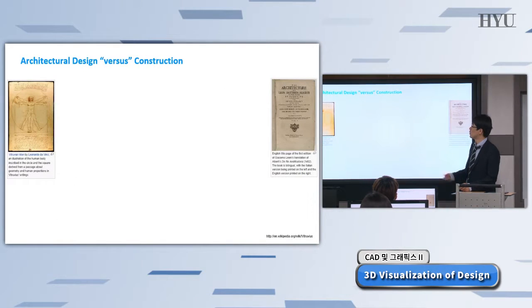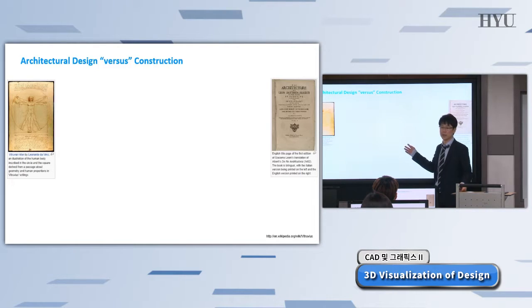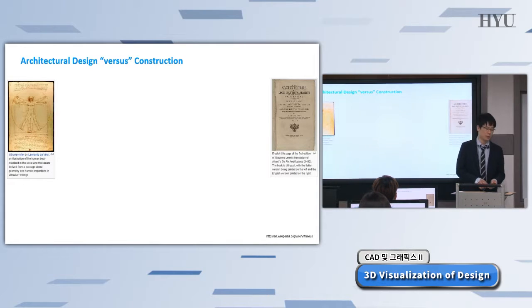Let's briefly talk about some differences between information handling in terms of architectural design versus construction. Actually, I roughly showed you this before, but let's quickly review this approach, okay?